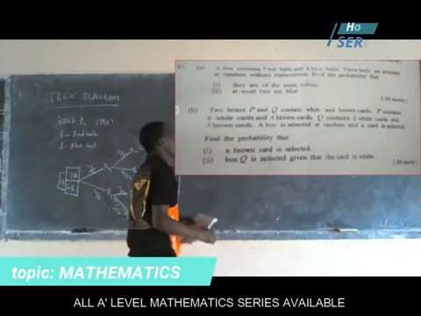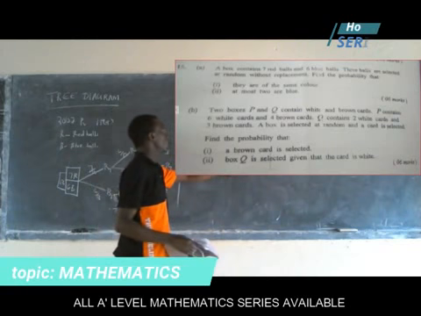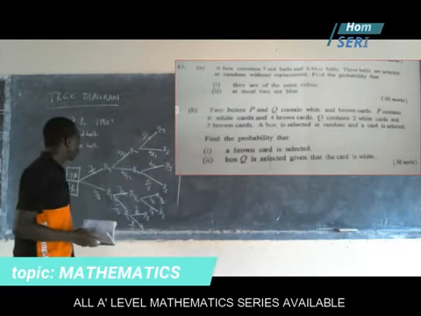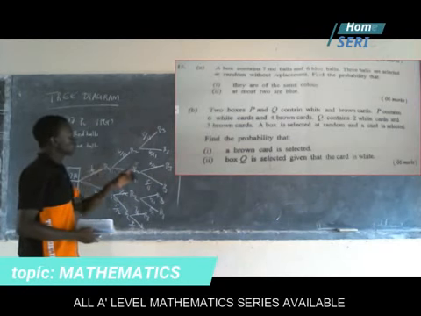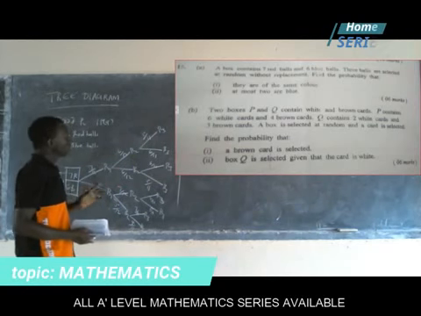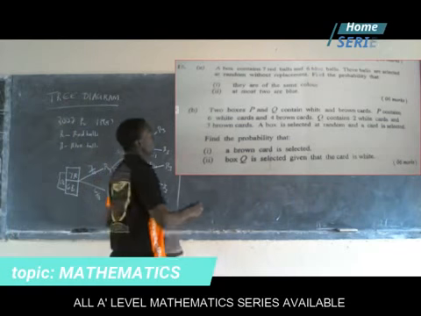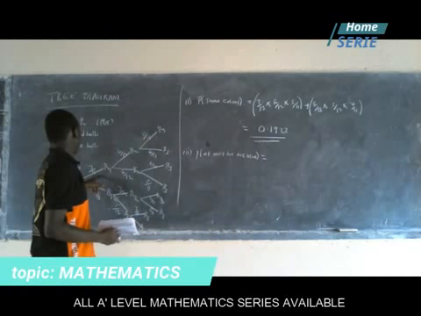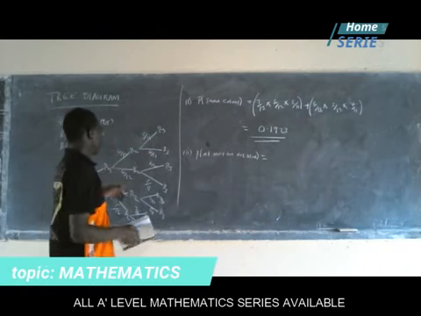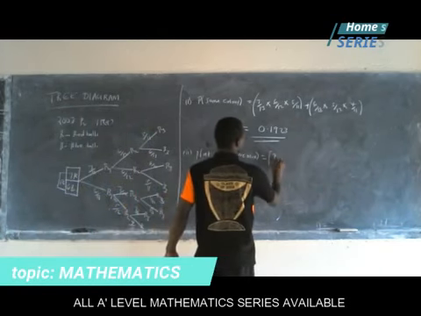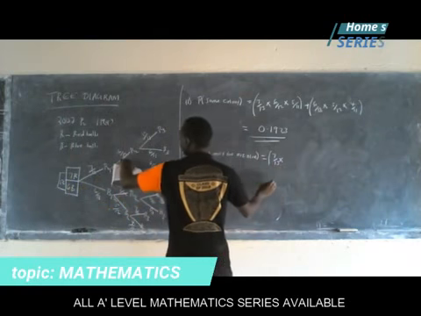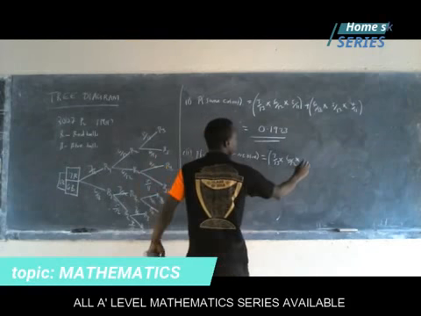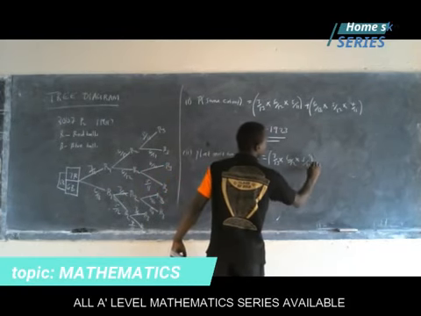This means 2 blue, 1 blue, or no blue at all. At most 2 are blue. It means 2 blue, 1 blue, and then no blue at all. This will give me now no blue at all, which becomes 7 over 13 times 6 over 12 times 5 over 11.